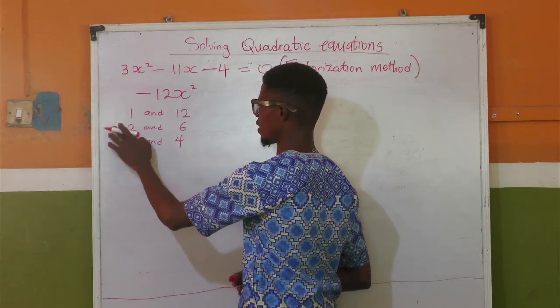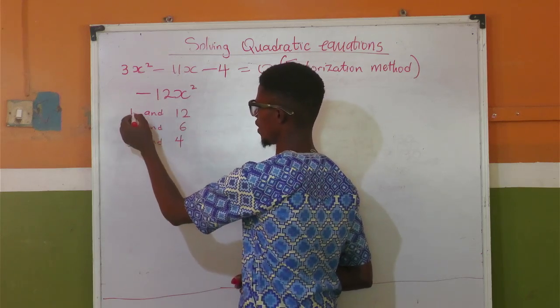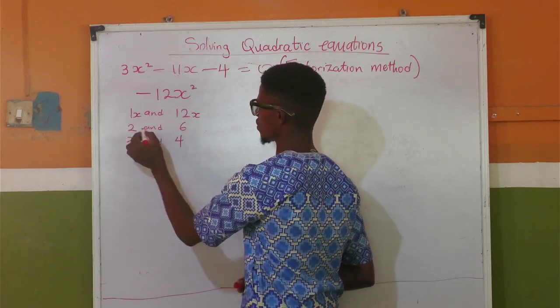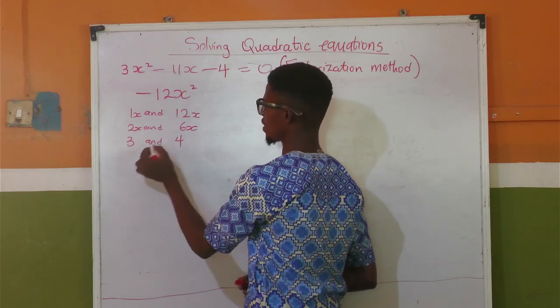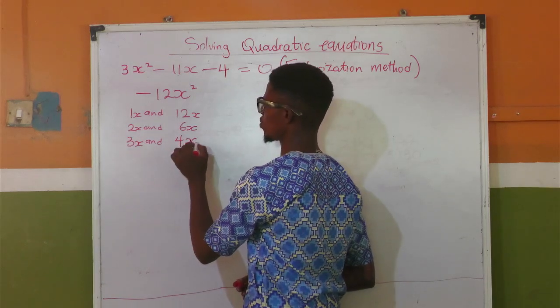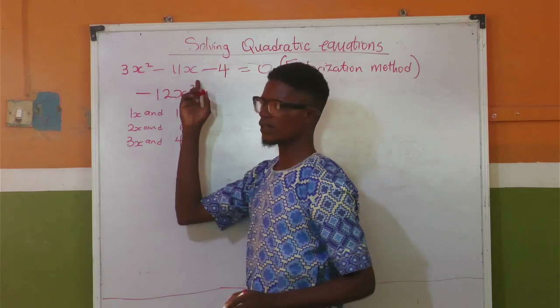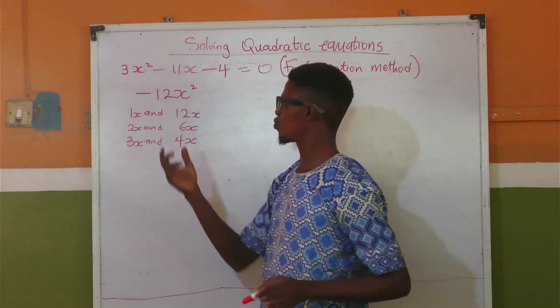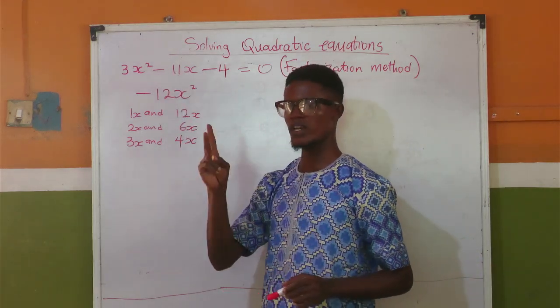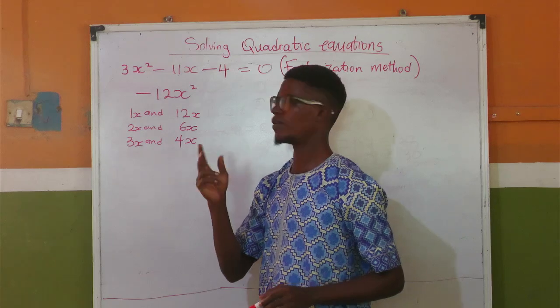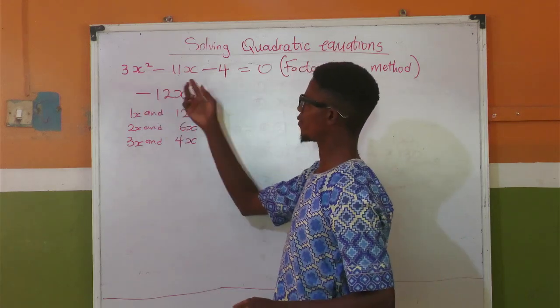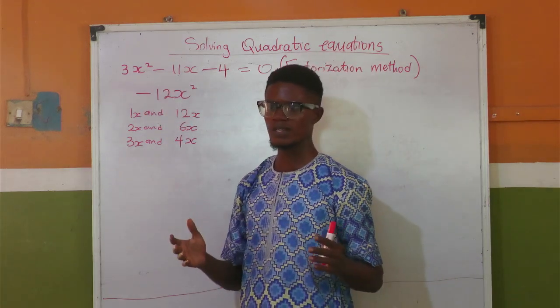But before we talk about the sign, let us put x in front. What determines what sign each of these expressions will carry is the middle term. We want to break this middle term into two expressions, so that at the end of the day we arrive at 4 expressions that we can group properly.